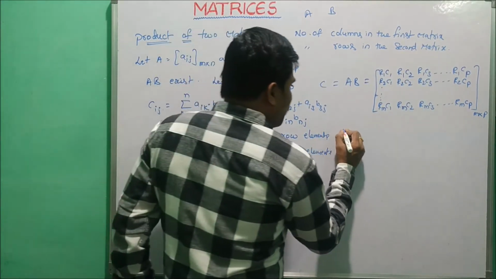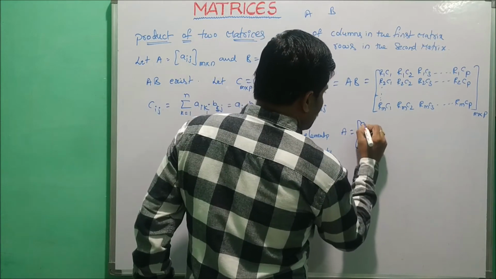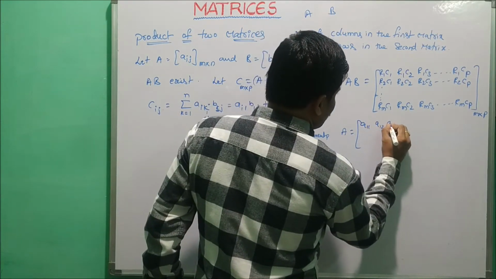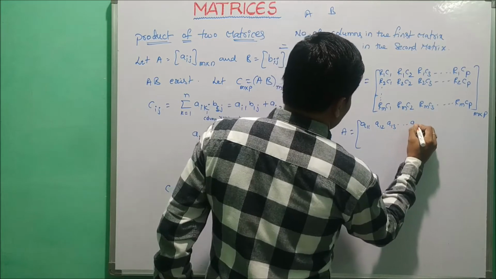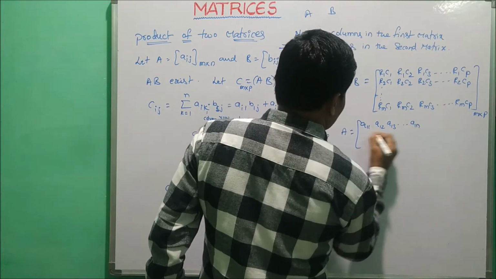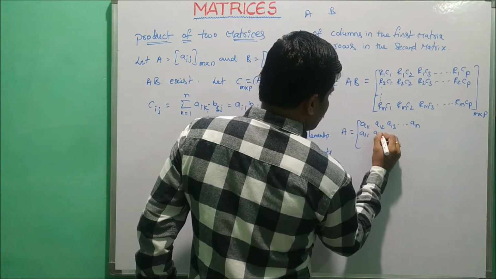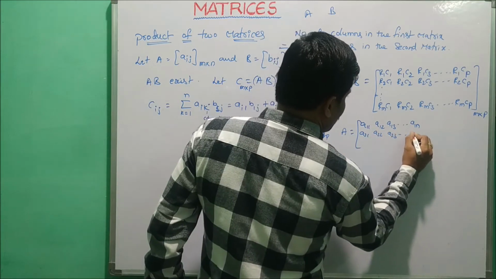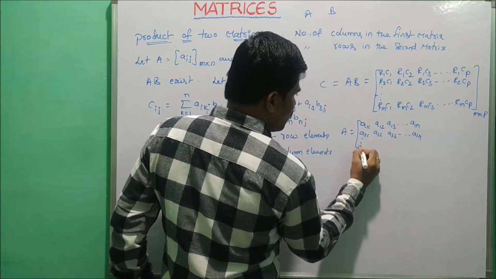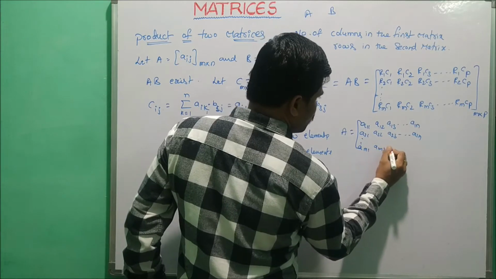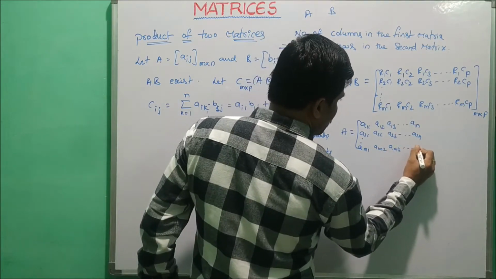So here A is A11, A12, A13 and so on, A1n; A21, A22, A23 and so on, A2n; and so on, Am1, Am2, Am3 and so on, Amn.